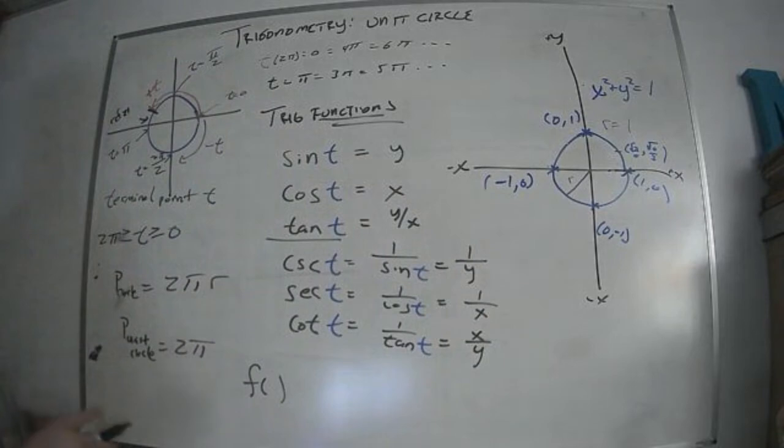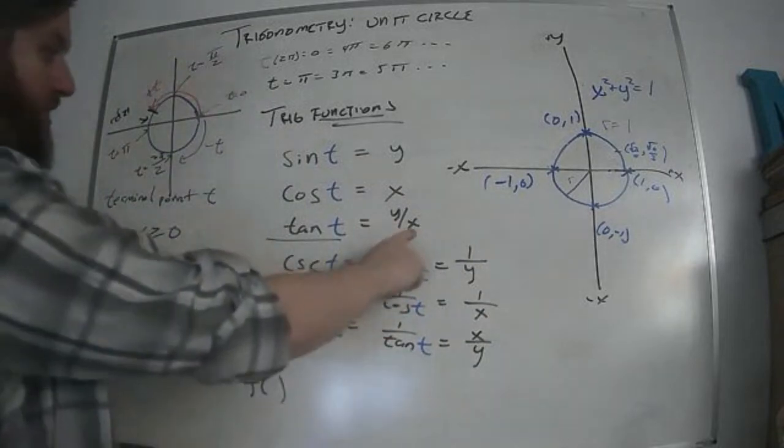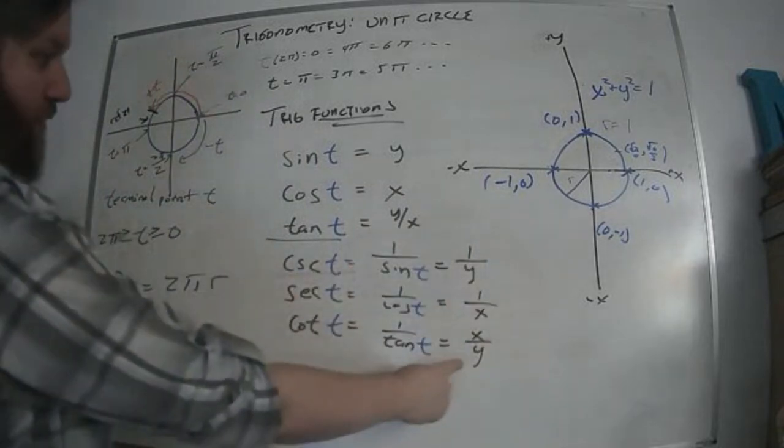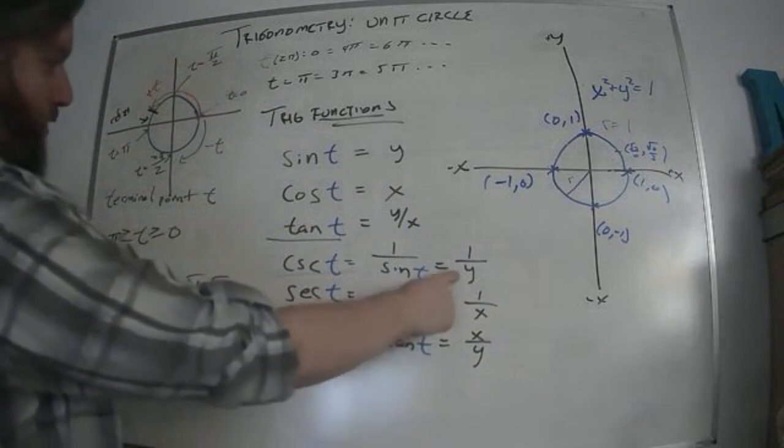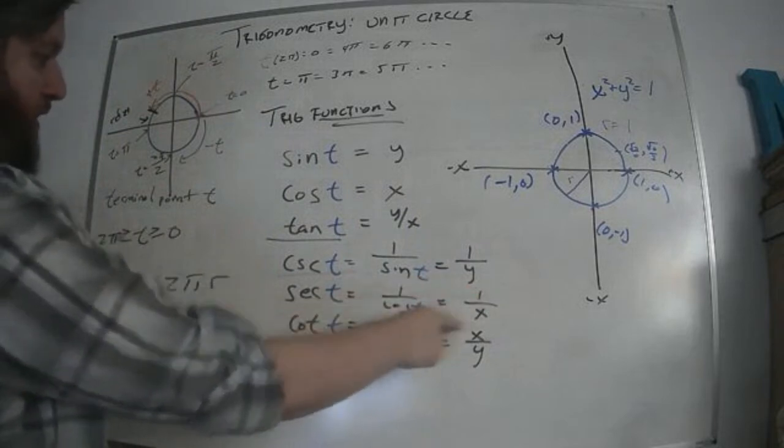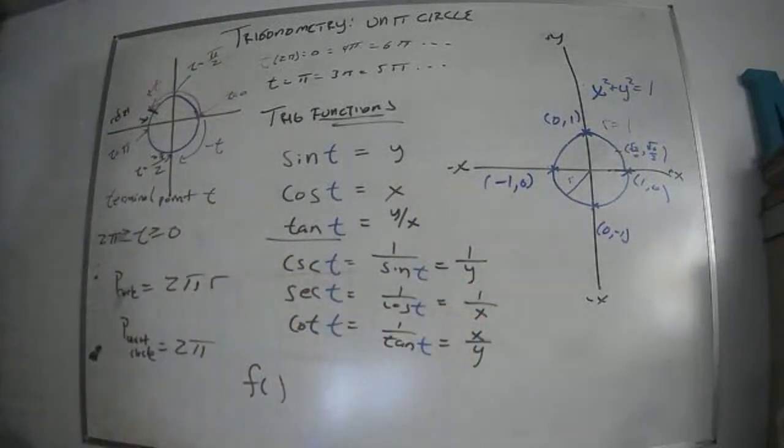Now, with the important caveat: x can't be 0 in the tangent, y can't be 0 in the cotangent, y can't be 0 in the cosecant, and x can't be 0 here for the secant. You can't divide by 0. If you divide by 0, these functions will be undefined, and therefore they will have asymptotes at those locations.